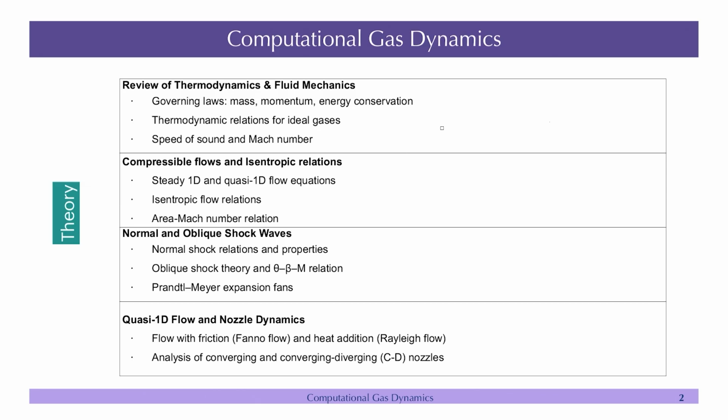You also went through the computational flow basics: isentropic relations, 1D and quasi 1D flow equations, isentropic flow equations, and the area Mach number relation. Then we discussed the normal and oblique shock waves, and finally the quasi 1D flow and nozzle dynamics, and Professor Sahu also helped you solve some of the numerical problems.